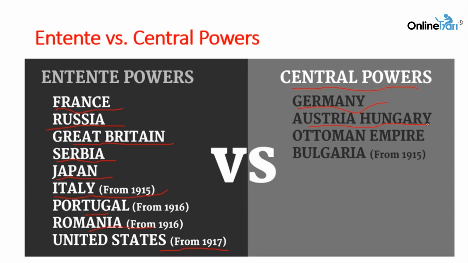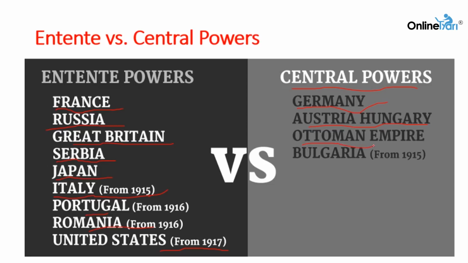That's why Serbia always wanted to destroy Austria-Hungary, and Austria-Hungary always saw Serbia with suspicion. So when Serbian nationalists killed the Archduke of Austria, Austria declared war on Serbia and the World War started.